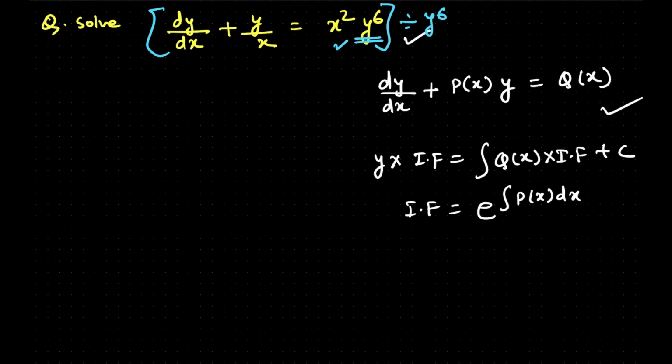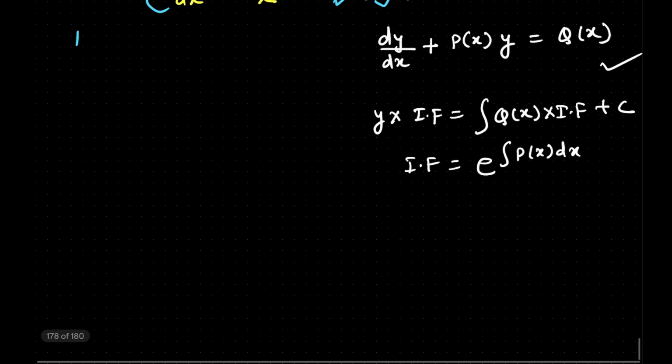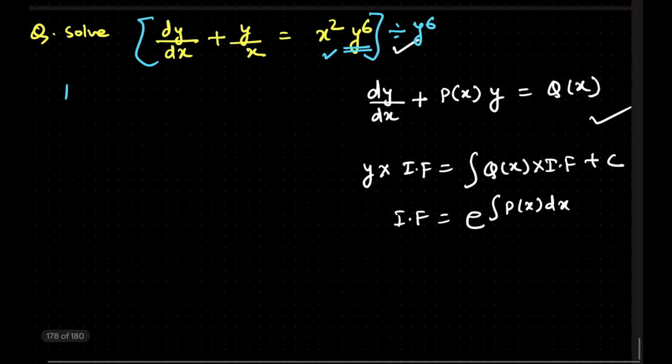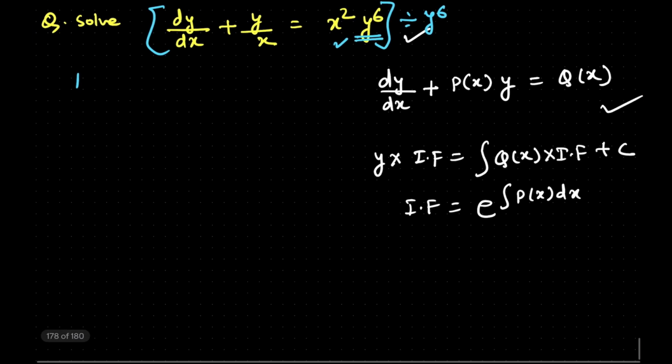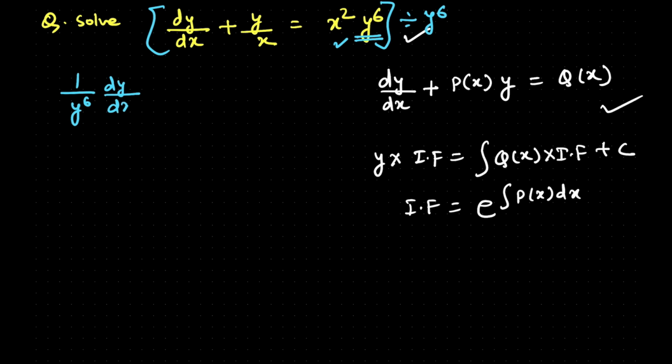So when you do so, you will get 1 by y to the power of 6 dy/dx plus 1 by y to the power of 5 into 1 by x is equal to x square.